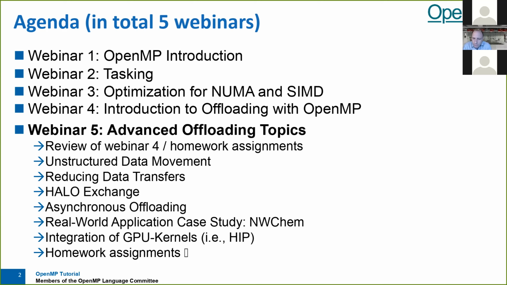And with theory, I refer to the parts where we were just presenting the elements of the OpenMP language and API. In addition, Michael will also add some details on how to integrate GPU kernels that have been written in other programming models, for example, the programming models specific for individual vendors.